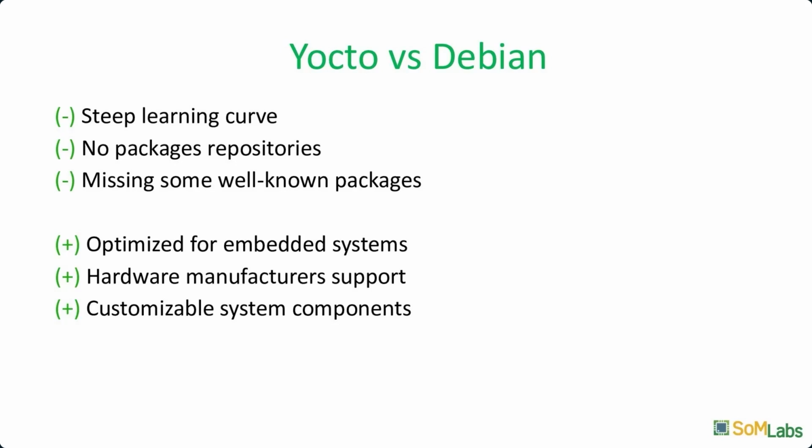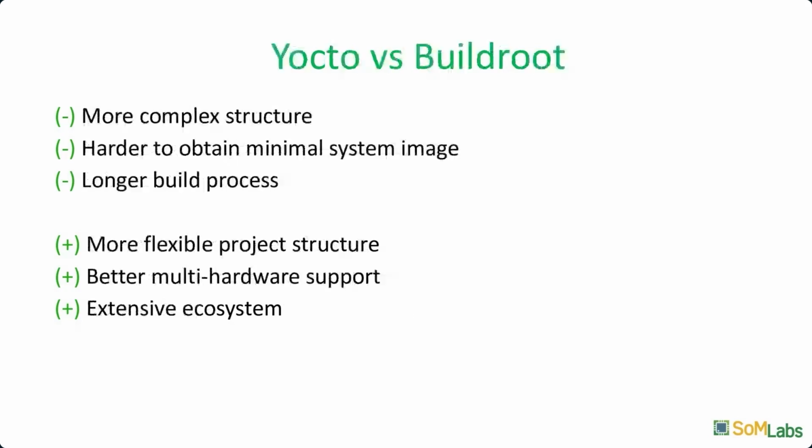Yocto sources are always provided for you to build your own distribution. And of course, Yocto is fully customizable by you to use in a final application, so you may again decide what to include in the system. You are not forced to take everything that is provided with a Debian image.